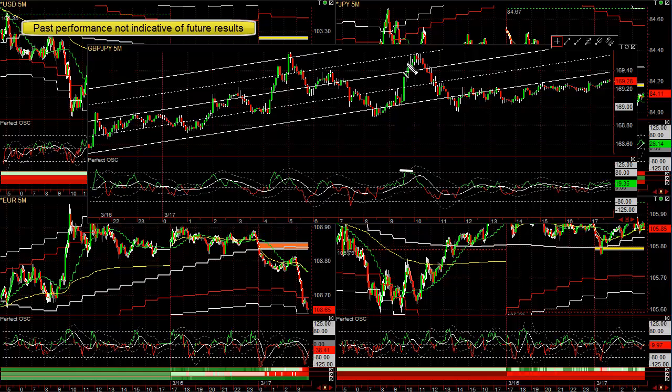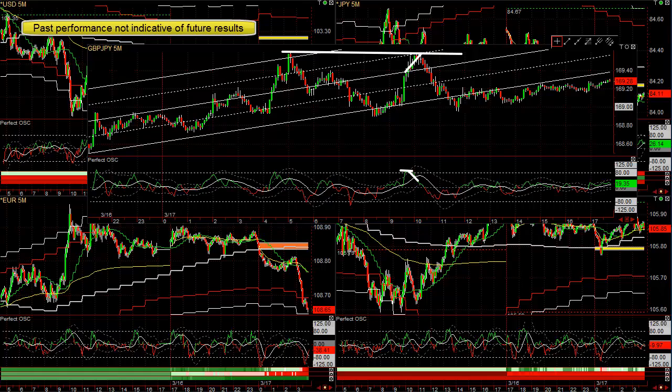Right around here, it's at an extreme. And as the market's going up slightly, you can actually see the perfect oscillator is falling. It goes below the moving average of the perfect oscillator, which is a great trade, and it symbolizes that the upwards momentum is rapidly decelerating. So you have a double top with rapidly decelerating trend strength, great place to go short.